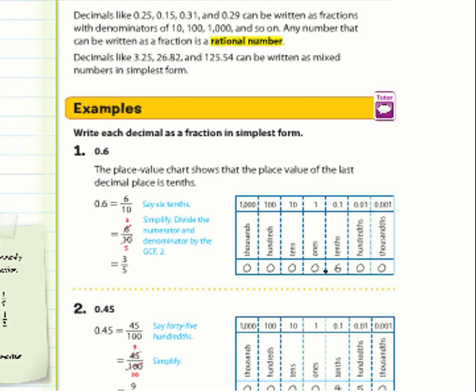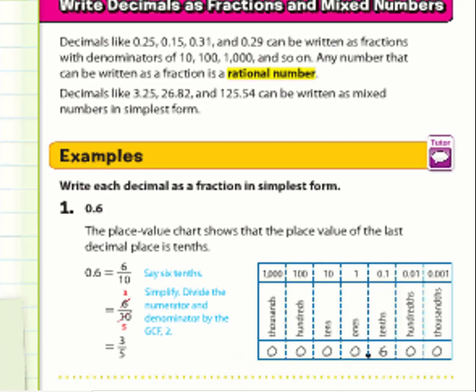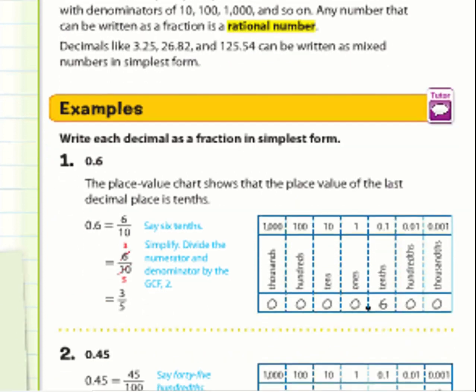Decimals like 3 and 25 hundredths, 26 and 82 hundredths, and 125 and 54 hundredths can be written as mixed numbers in simplest form. So just a reminder, a mixed number is when we have a whole number attached to a fraction. So that's 3 and 25 hundredths, which reduces to 3 and 1/4.